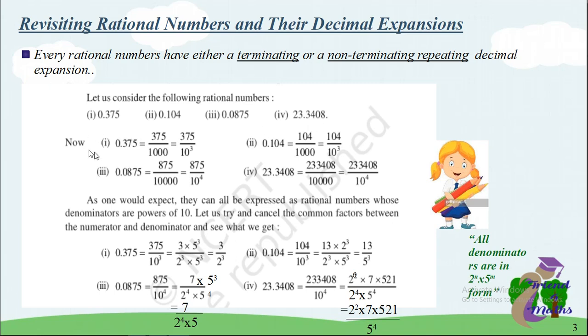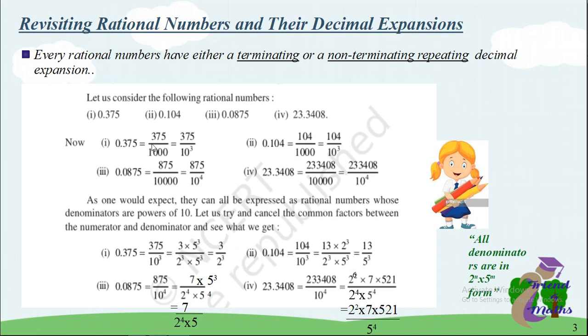And now we are going to change all these decimal numbers into their corresponding rational numbers. Rational numbers are the numbers which are in fraction form, that is with a numerator and a denominator, isn't it? And now 0.375 can be written as 375 divided by 1000. Here we take 1000 in the denominator, which has 3 zeros because we have 3 digits after the point.